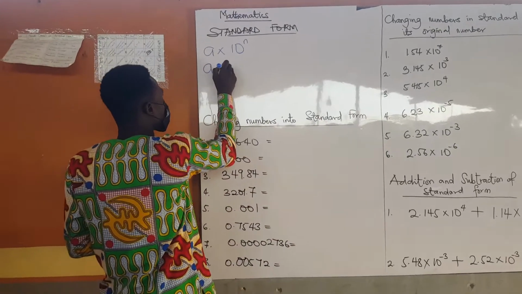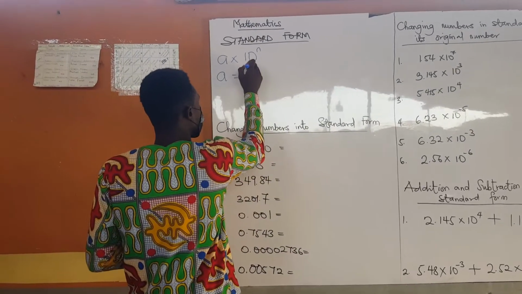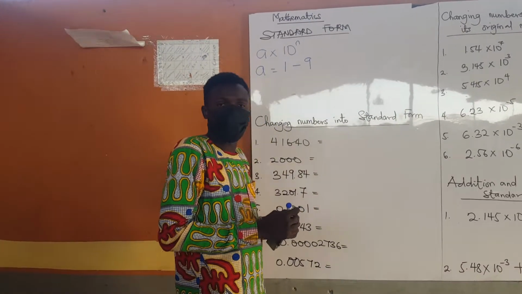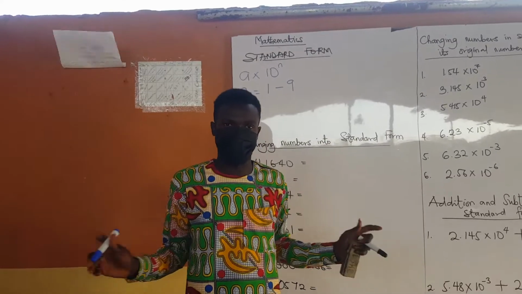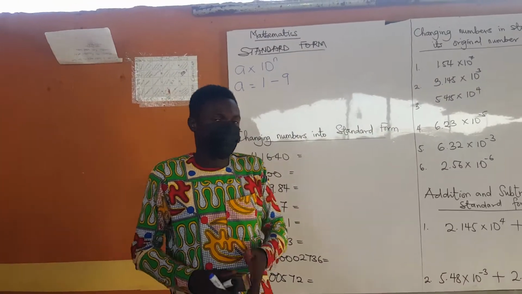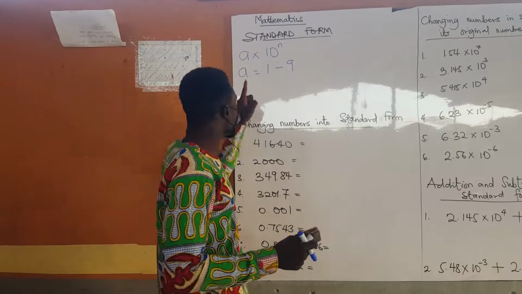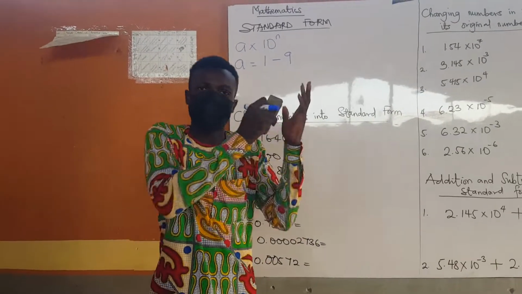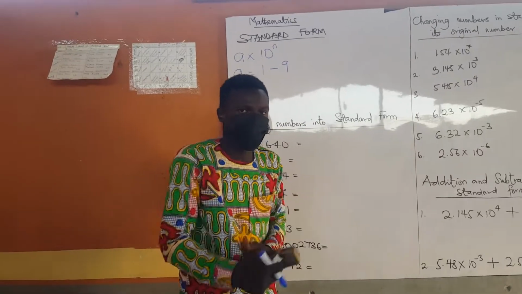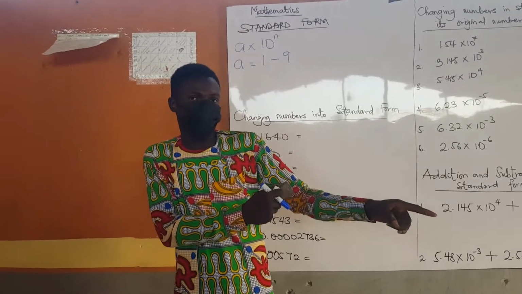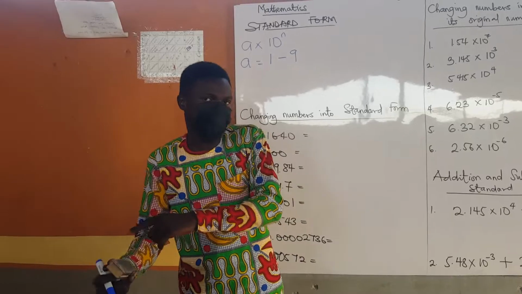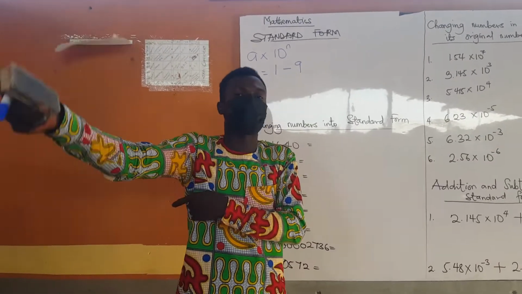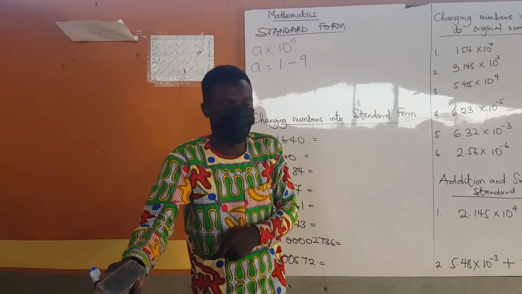A is equal to all the positive numbers from 1 to 9, or between 1 and 10. So if I have 1, 2, 3, 4 up to 9, that number qualifies to be in standard form.